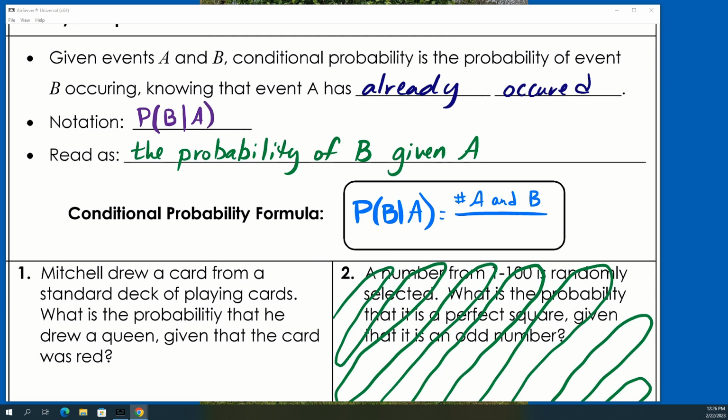And on the denominator, it's just going to be the number of ways A can happen. That doesn't make a whole lot of sense right now when you're looking at it, but as we do it, I think you're going to be fine. We're not going to do number 2 on this, so you can mark out number 2 if you want to.